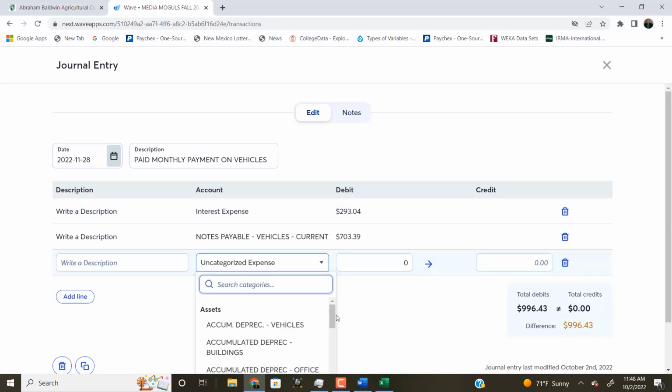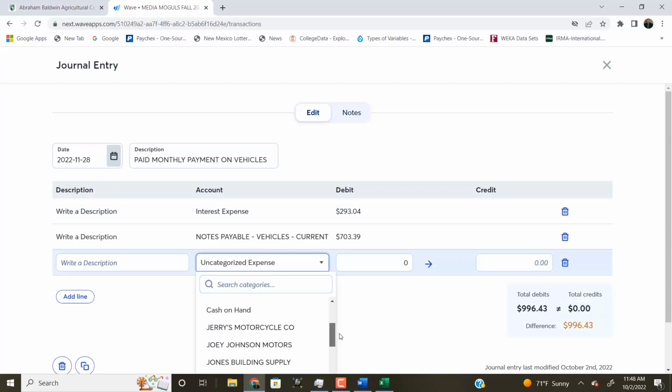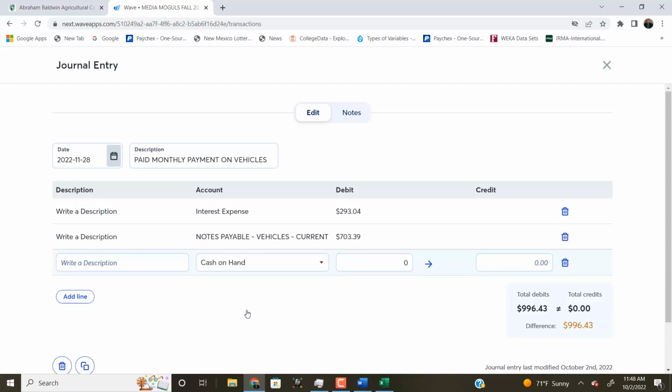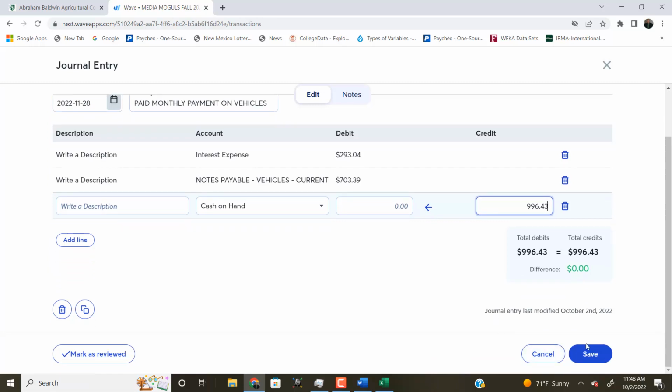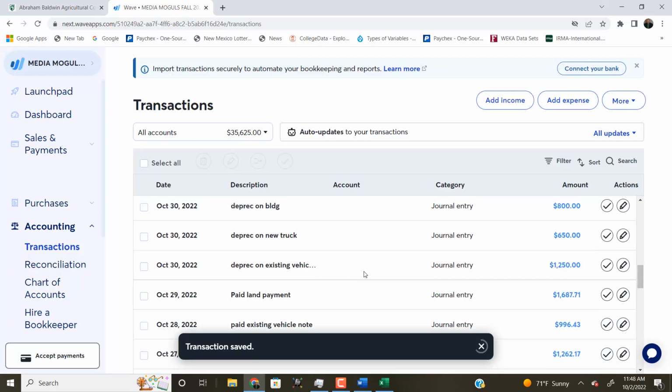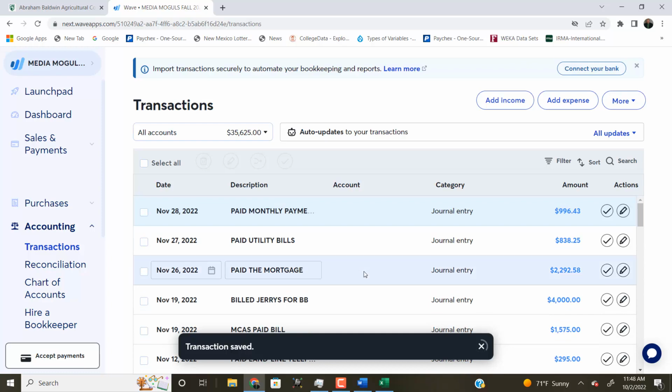Cash. And again, that's your payment, 996.43. And that comes right off of that amortization schedule. Nothing to it. Same thing every time.